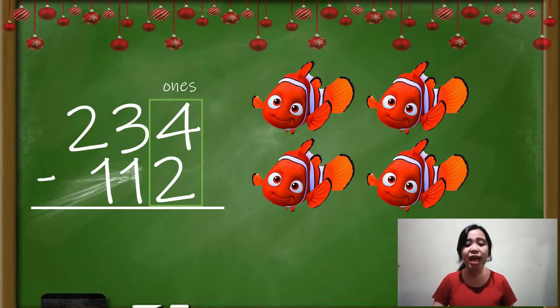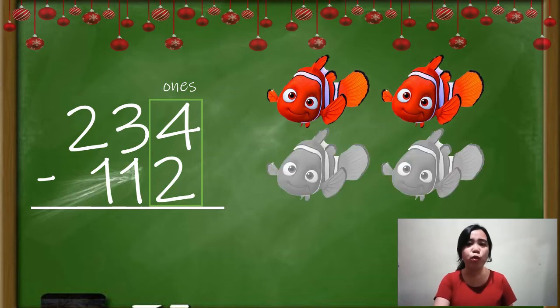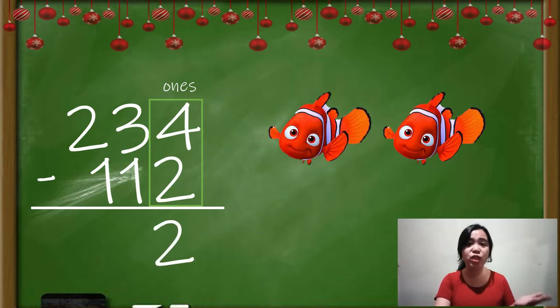Let's say I have here 4 Nemos, or 4 fish. But we have to take away 2 fish from 4 fish. What should be the answer? 4 minus 2 is equal to 2. So therefore, we only have 2 fish left.